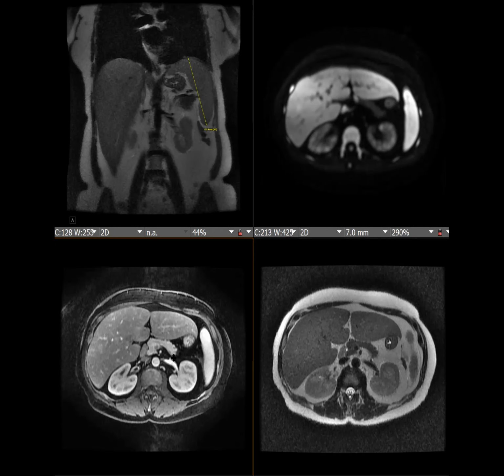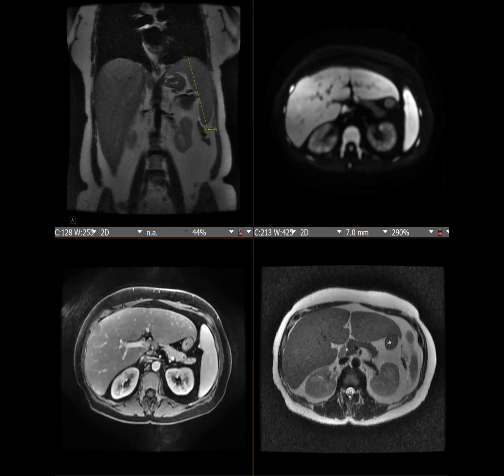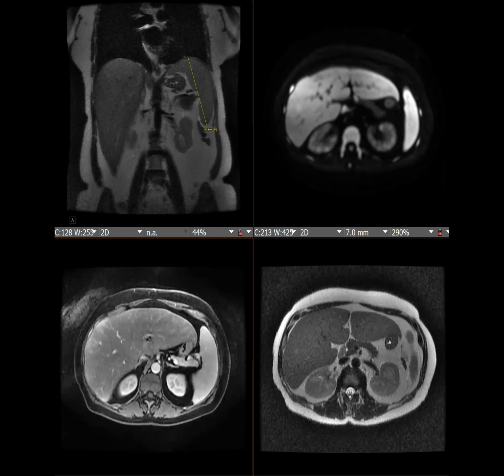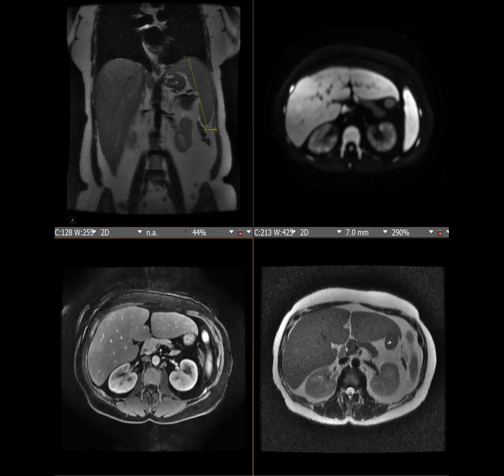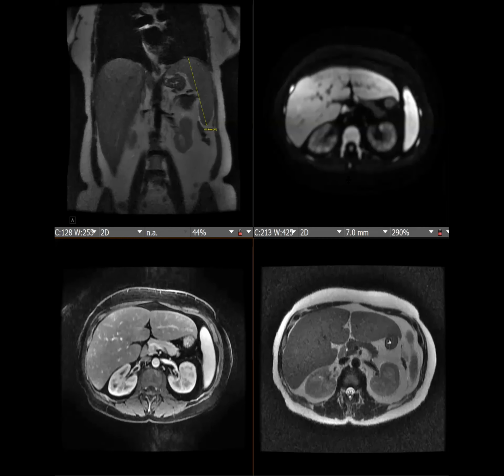I feel that diffuse processes are sometimes difficult for us to appreciate because there's no real difference to pick up on, and you have to be very careful when you're looking at the examination to pick up something that diffusely involves the entire organ. So that was one other case.